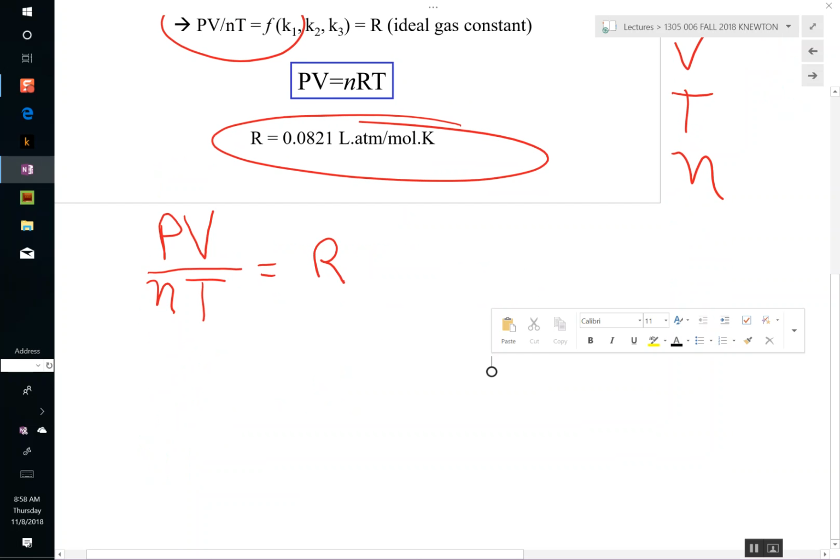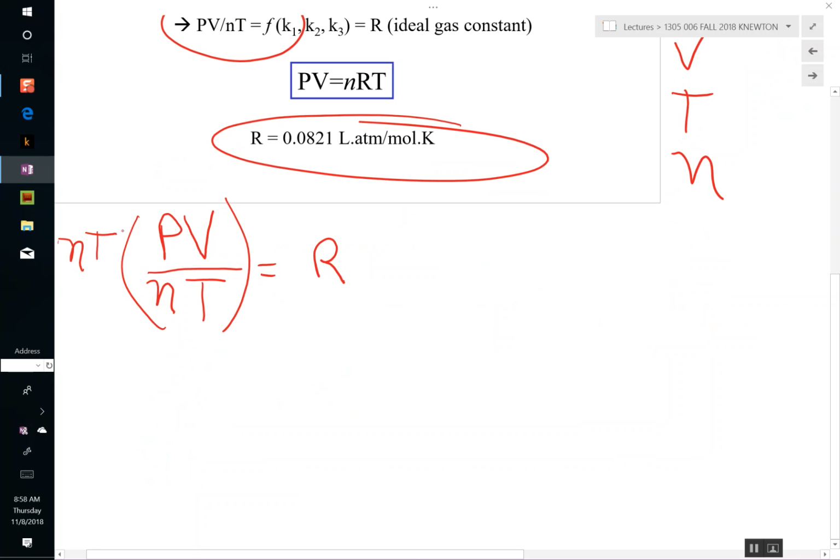If I want to just rearrange this equation a little bit, I could take this equation and multiply it by nT. The n's cross out, the T's cross out, and I get PV equals nRT.